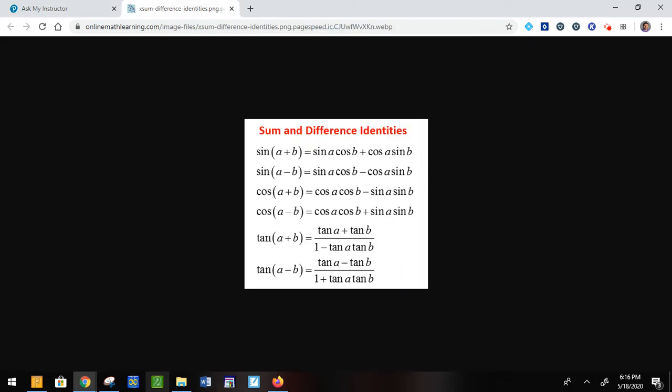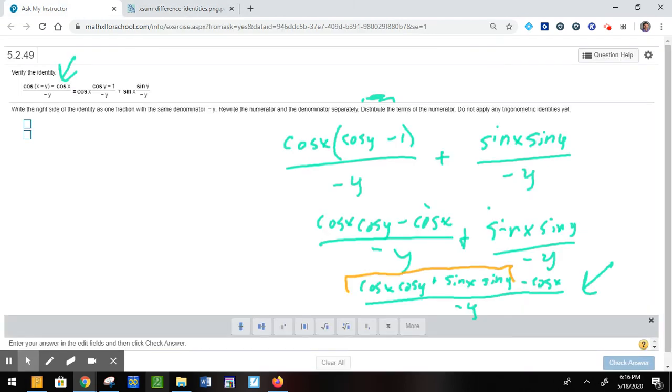If you look over here, I know it's not x and y, it's a and b, but the formula is this one here, right? So that's going to turn into cosine of a minus b. In our case, it's going to be cosine of x minus y, right?